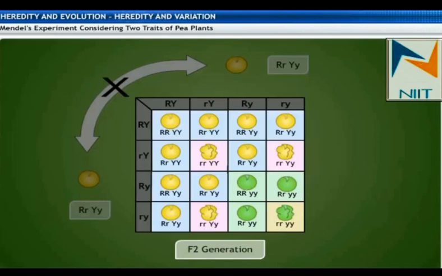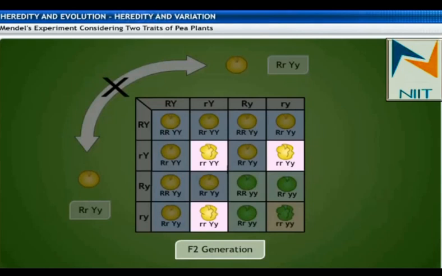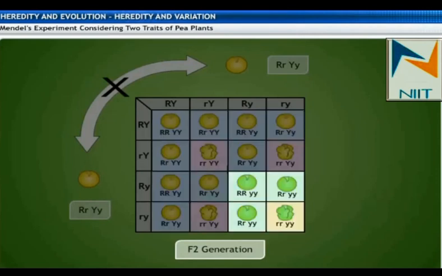However, some plants of the F2 progeny even showed new combinations like round, green and wrinkled yellow seeds. Therefore, it can be safely concluded that the round or wrinkled trait and the yellow or green colored traits are independently inherited.